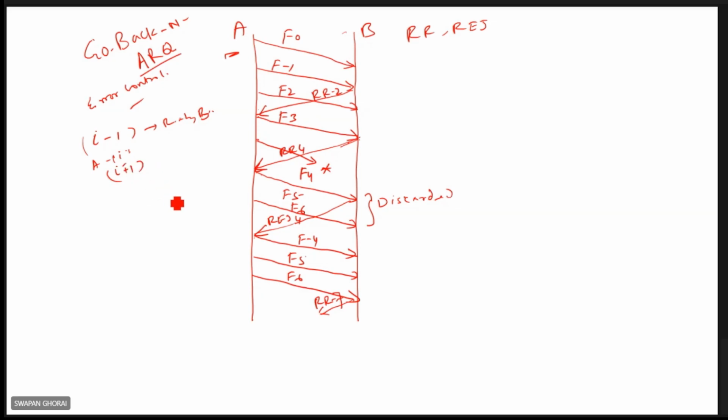The ith frame is damaged, but A doesn't know that. Now B, after receiving frame i+1, recognizes that it is out of sequence, since one frame is missing. B can take several actions.